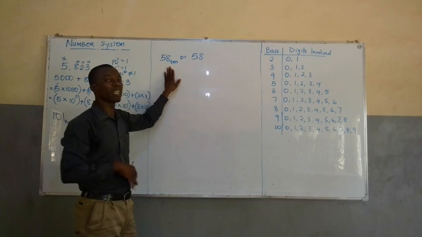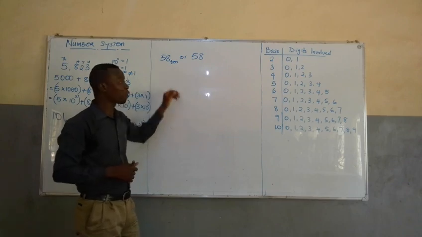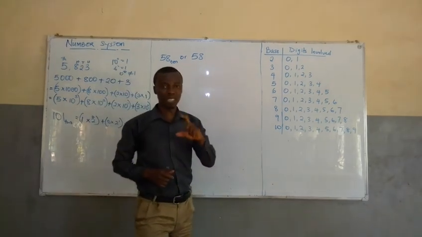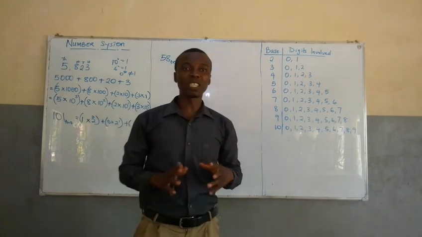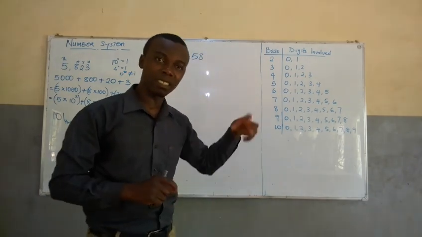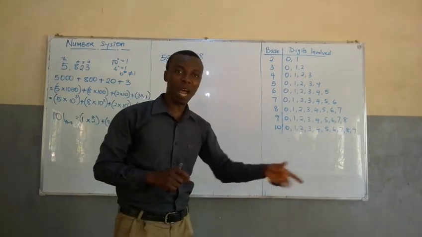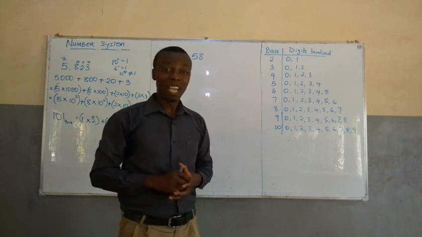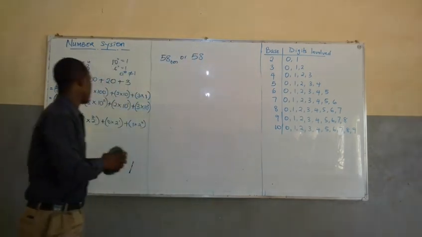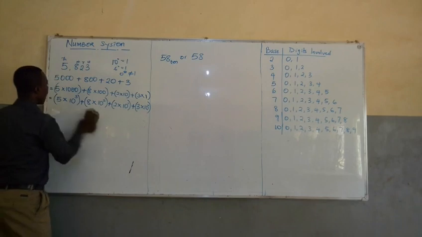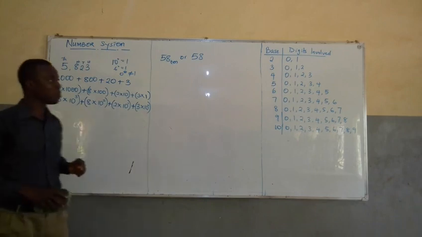If it is written this way, it still indicates base 10. But for other bases, we must indicate the base in which we are writing these numbers. So I believe you understand what I mean by bases.